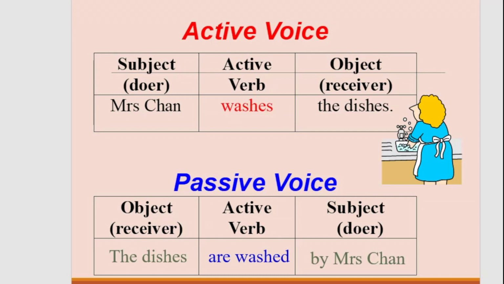Now we started the sentence with the object, the dishes. The dishes is a plural word. The dishes are washed by Mrs. Chan. dishes هي كلمة في حالة الجمع استخدمنا معها verb to be are washed والفاعل هو Mrs. Chan. The dishes are washed by Mrs. Chan.